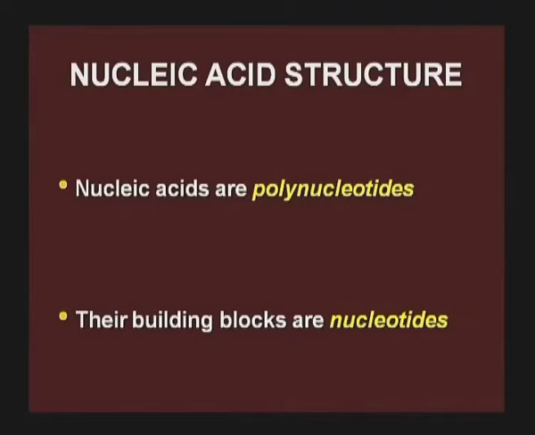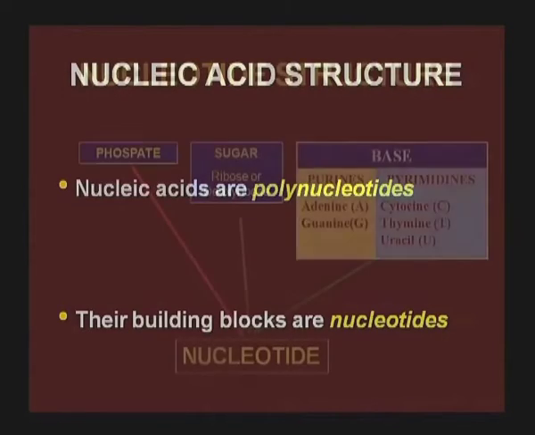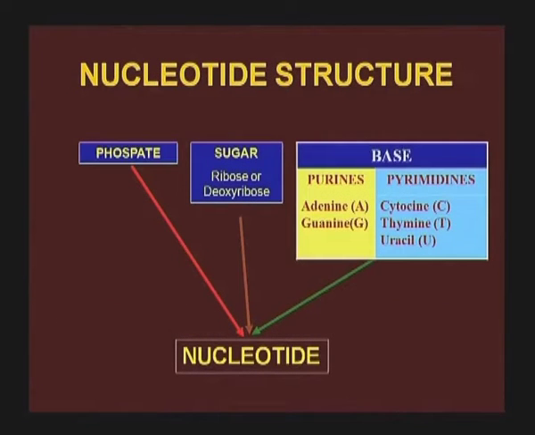Nucleic acid structure: the nucleic acids are polynucleotides. Poly means many. A nucleotide is a combination of phosphorus, sugar and nitrogenous bases. Their building blocks are nucleotides. The nucleotide structure is shown here: it is a phosphate, a ribose or deoxyribose sugar, and the nitrogenous base, which are of two kinds, the purines and the pyrimidines.